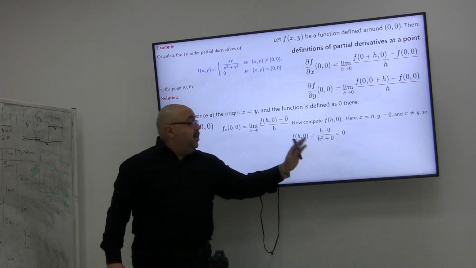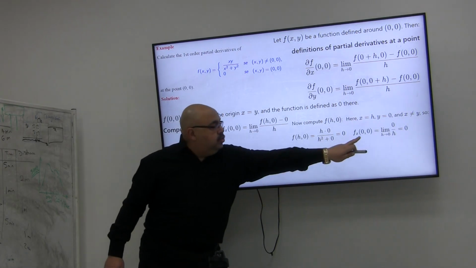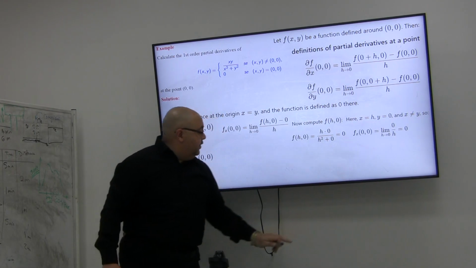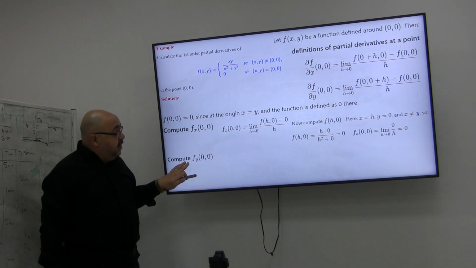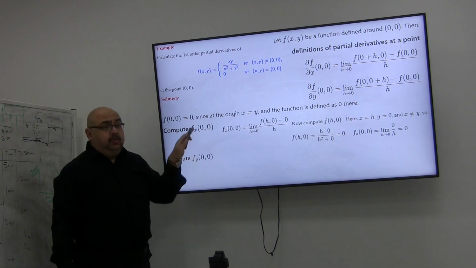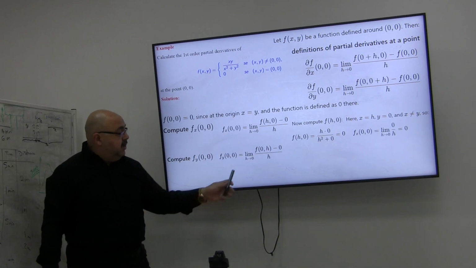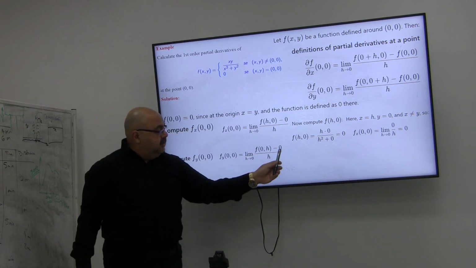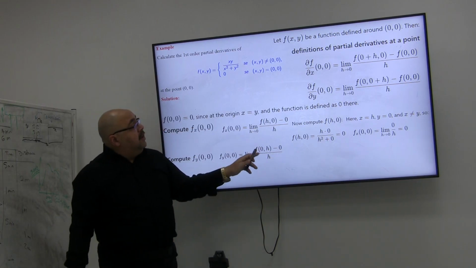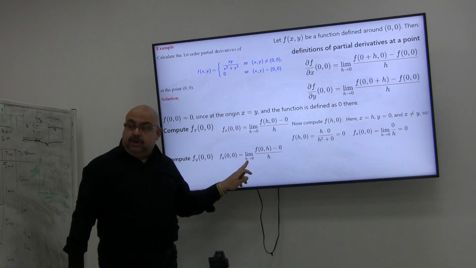In a similar manner, for the second direction, it will also be equal to 0, so the limit exists and equals 0. For fy, it will be exactly the same, equal to 0 also. Same way, it will be 0 and h minus 0 over h. Those are the values of the function at the origin.